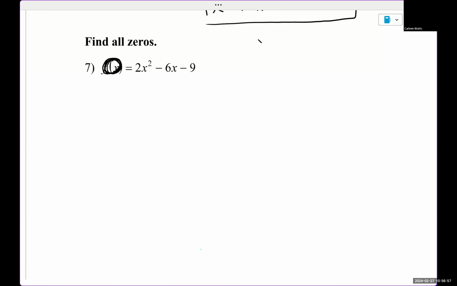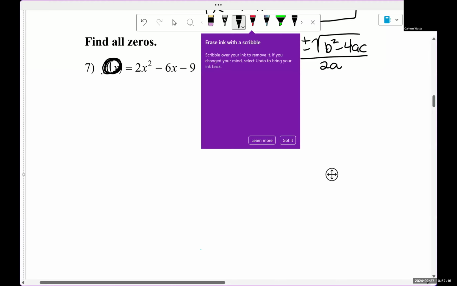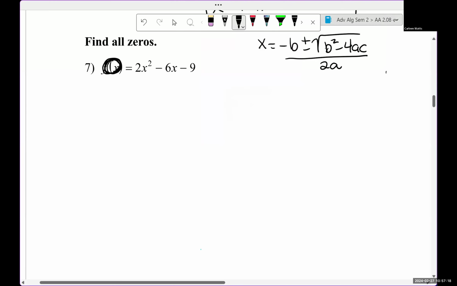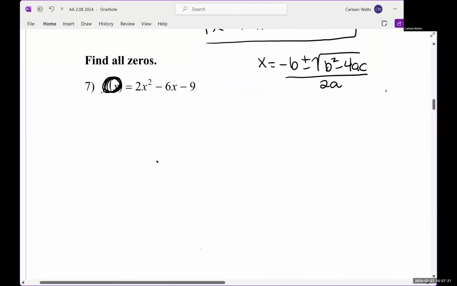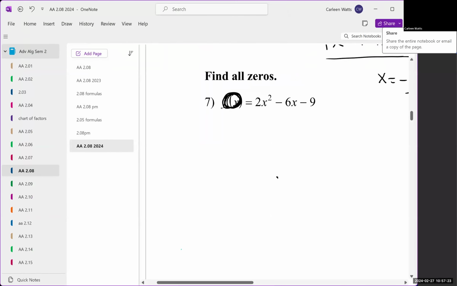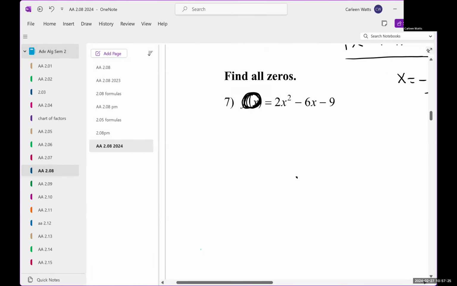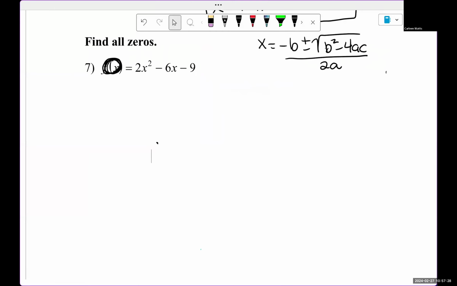Quadratic formula? Okay. Here's the quadratic formula. Okay, so let's do this.